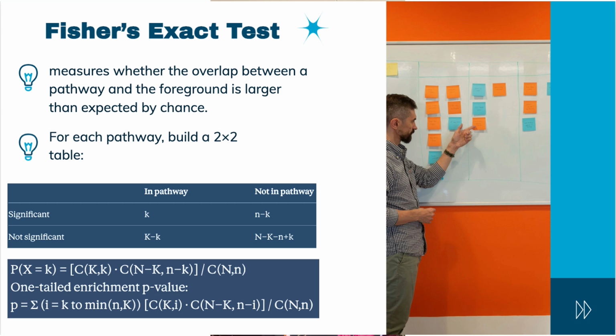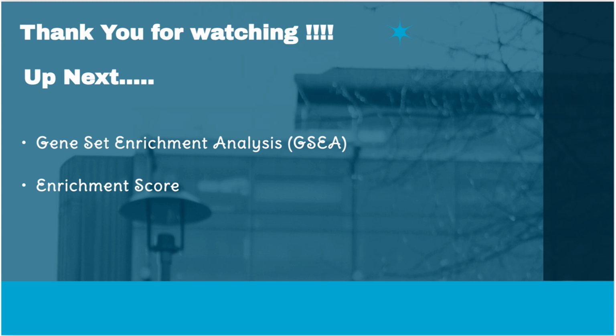And we'll divide it by the combination of the capital N, which is the background, choose the gene list, which is the small n, and then compute the enrichment p-value as given in the formula below. So that is it for the overrepresentation analysis test.